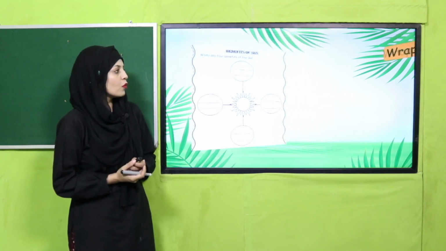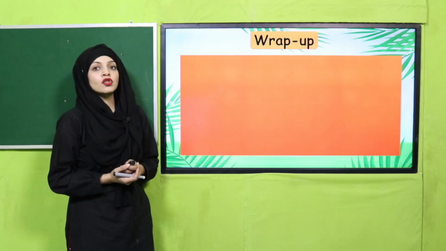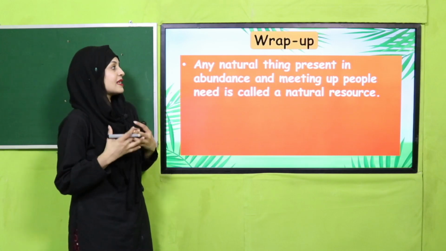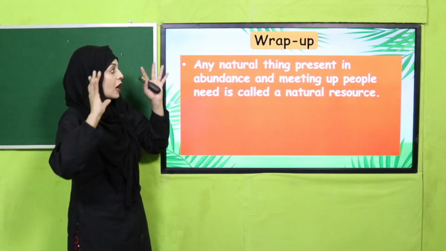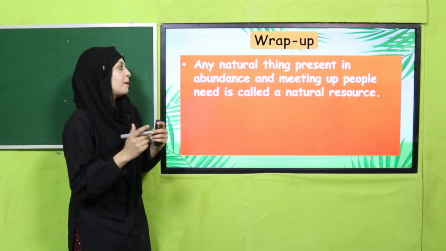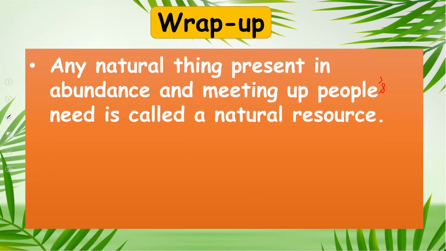From here, we will move forward towards your wrap-up of the lesson. So, my dear students, today we have studied about the natural resources, any natural thing present in abundance and meeting people's needs is called a natural resource.